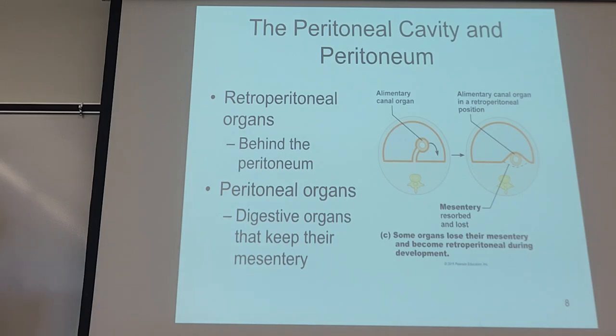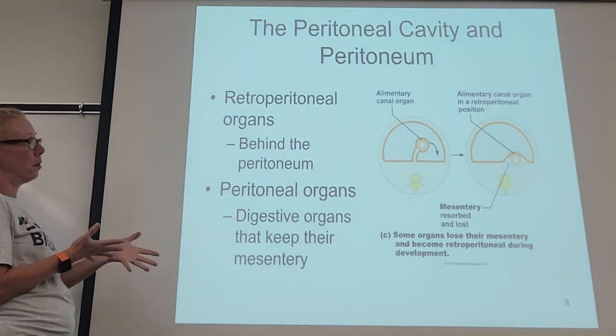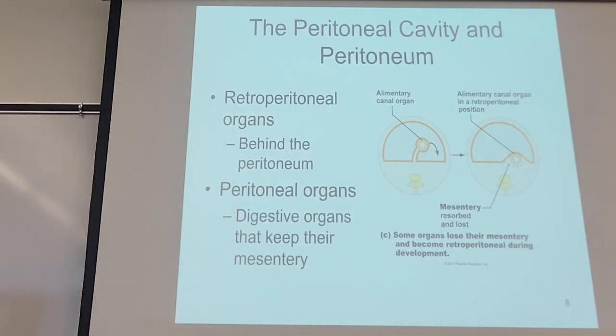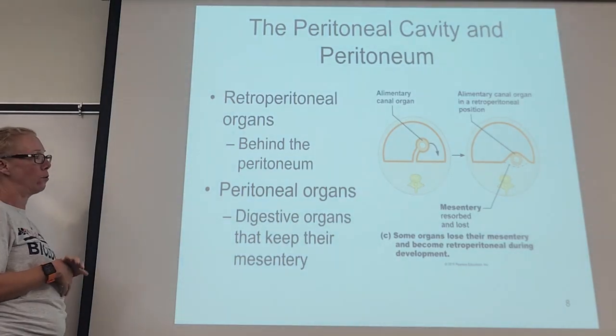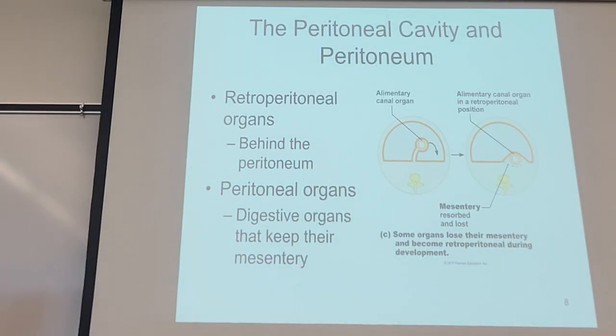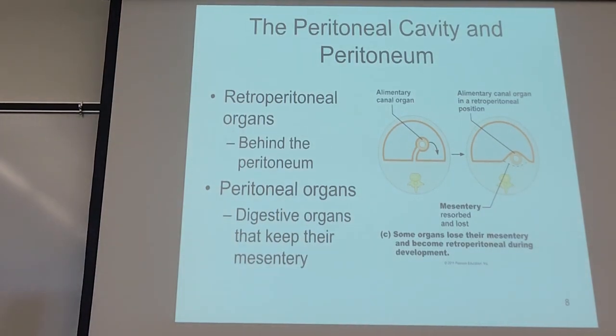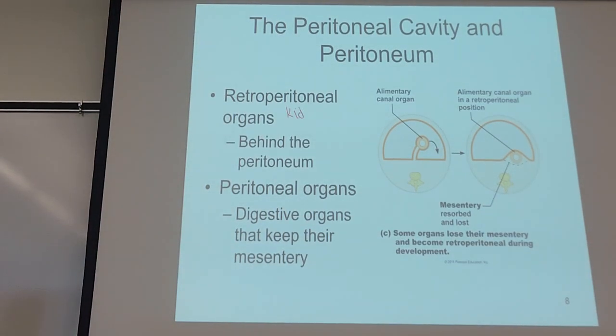Now, during development, some organs start off in the peritoneal cavity and they migrate behind it at the end, okay? So these are called retroperitoneal organs, okay? Examples of retroperitoneal organs include your kidneys, okay?